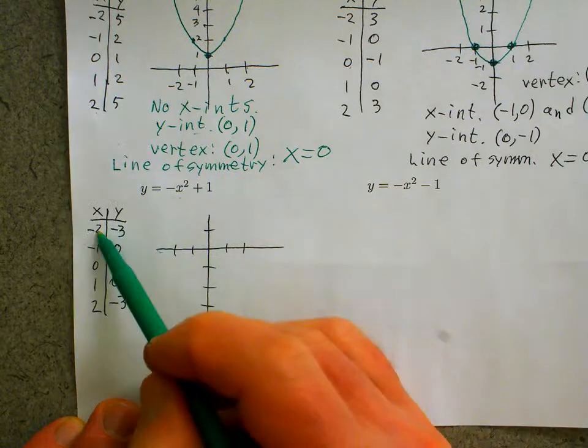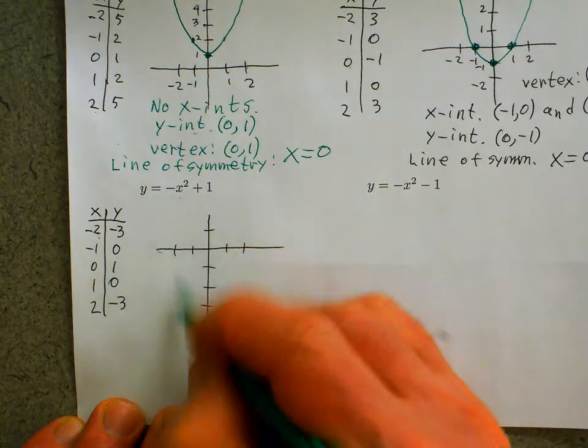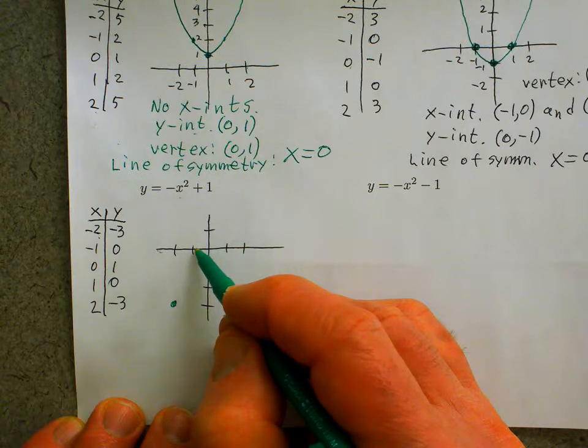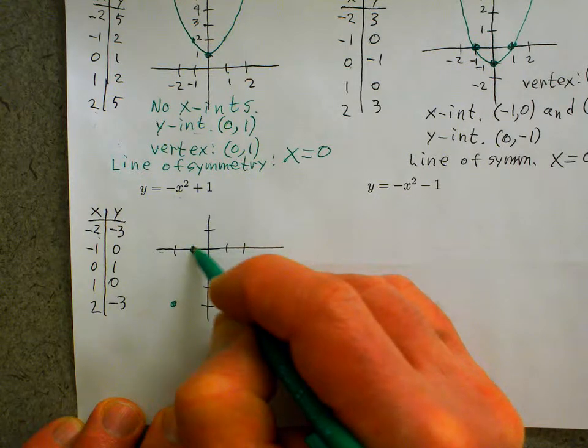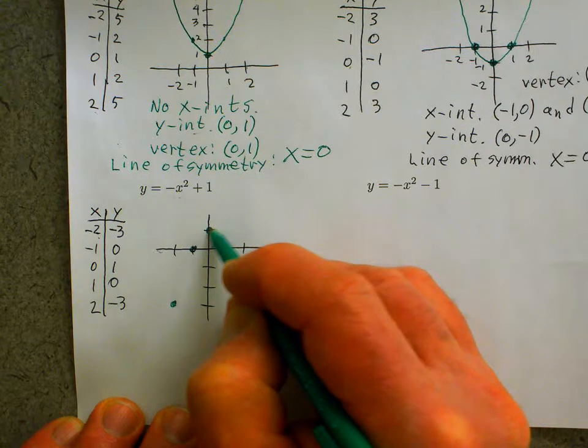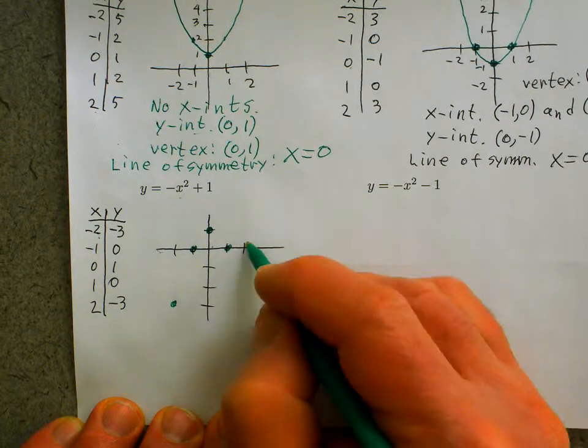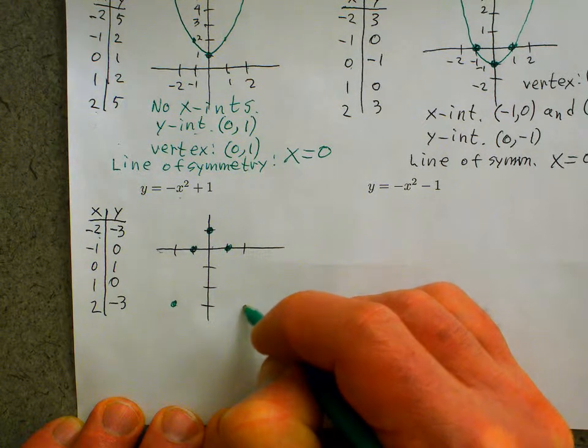Okay, so -2, -3, -1, 0, 0, 1, 1, 0, and 2, -3.